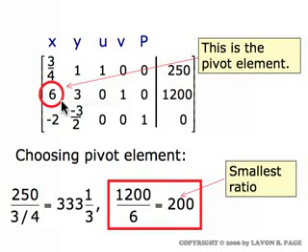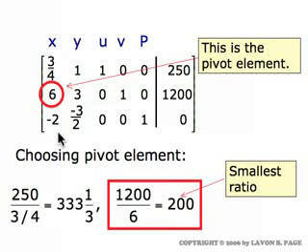Now what we're going to do with that pivot element is very reminiscent of the row operations that we did in part 1 of the course when we were solving systems of equations or finding the inverse of a matrix. That is, we're going to use the row operations to turn that 6 into a 1 and turn the other numbers in that column into zeros.